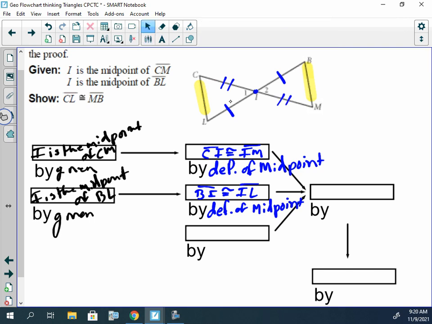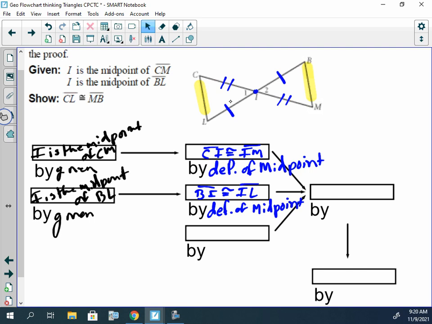So we have two sets of congruent sides. Out of all the ones that work, our congruency shortcuts are side, side, side; side, angle, side; angle, side, angle; or angle, angle, side.